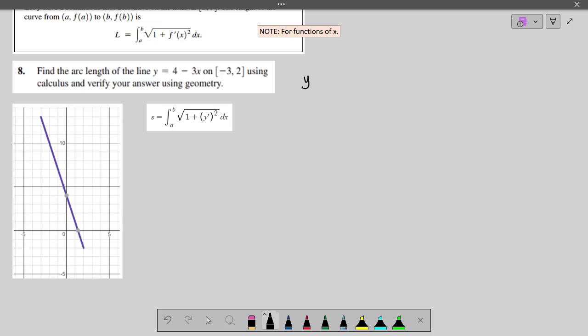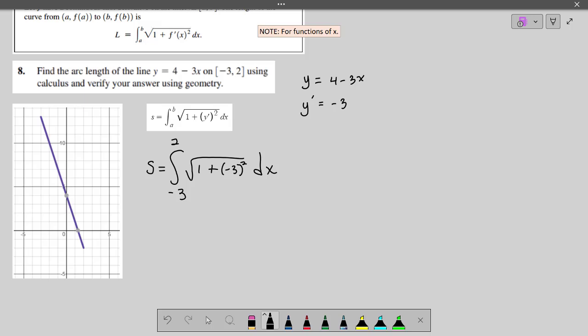So we have our function, y equals 4 minus 3x. The derivative of this function is negative 3. So the arc length is going to be the integral. They tell us we want to go from negative 3 to 2. And all we have to do is replace the derivative inside here. That'll be the arc length.